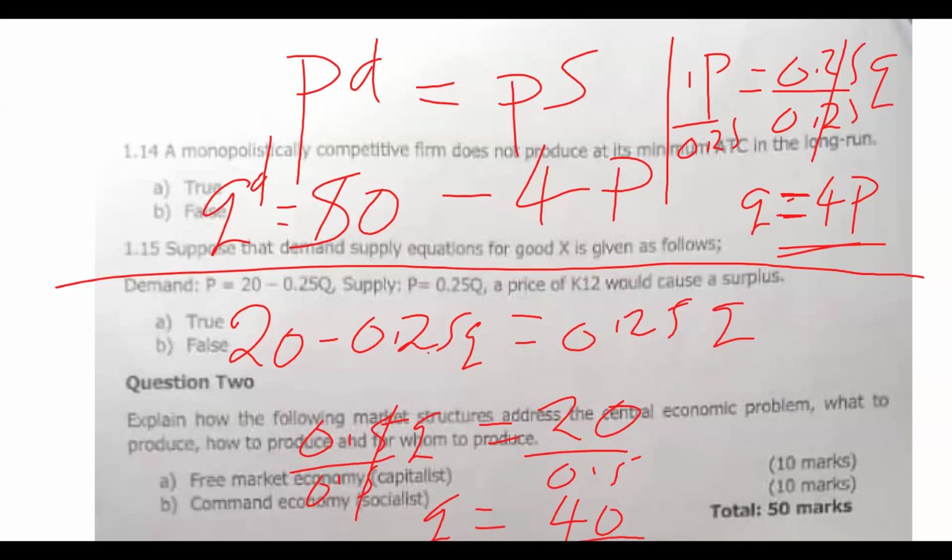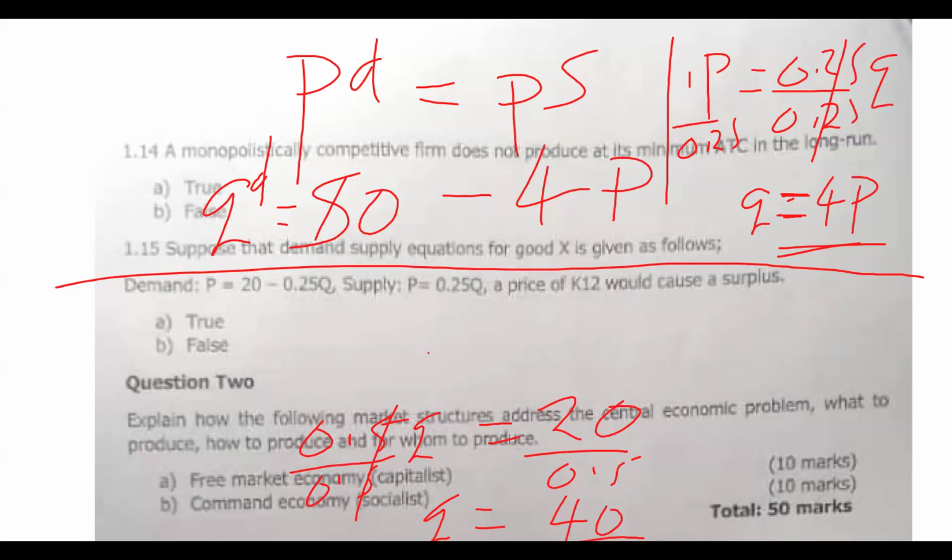Now that the equilibrium quantity is 40, what is the equilibrium price then? In either of the two functions, the supply one or the demand one, we substitute 40 where there is Q. Which one do you pick?